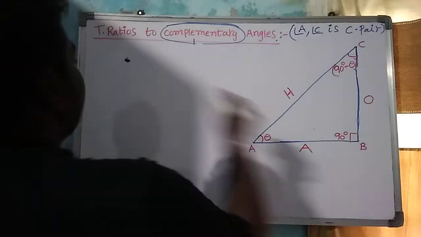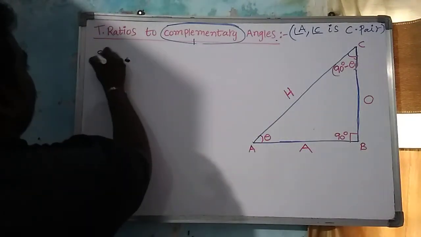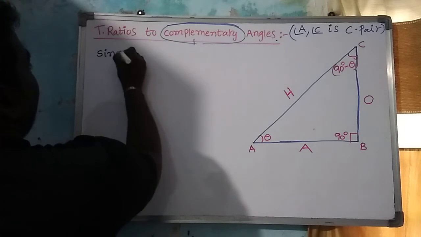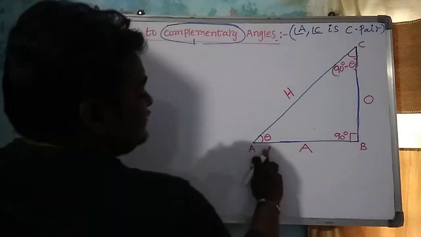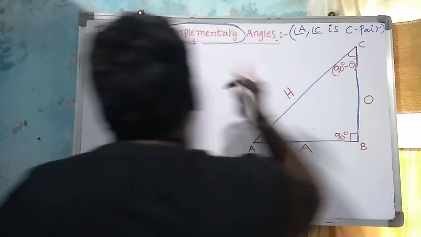What is sine theta from the figure? Sine theta is opposite side by hypotenuse.